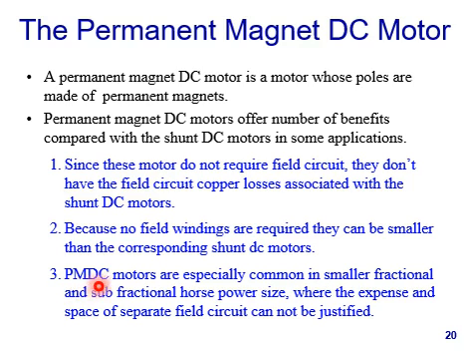Permanent magnet DC motors are especially common in smaller fractional and subfractional horsepower sizes where the expense and space of a separate field circuit cannot be justified. So these are some applications and advantages of the permanent magnet DC motor.